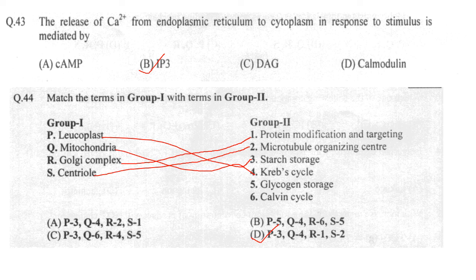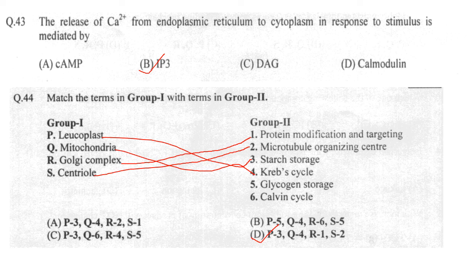So D, A and C you have to concentrate on. Mitochondria. Mitochondria is involved in Krebs cycle. That is more correct. Krebs cycle. So Q4. Okay, now C also can be eliminated because they have given Q as 6, Calvin cycle. That is in photosynthesis. So Q as 6 you can eliminate. Now you have to concentrate on A and D.